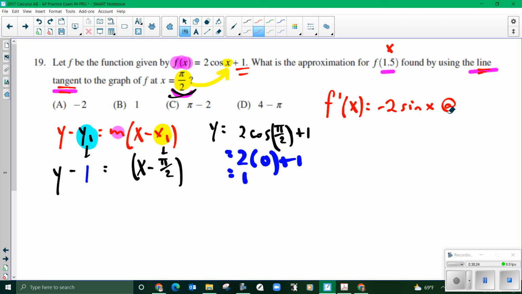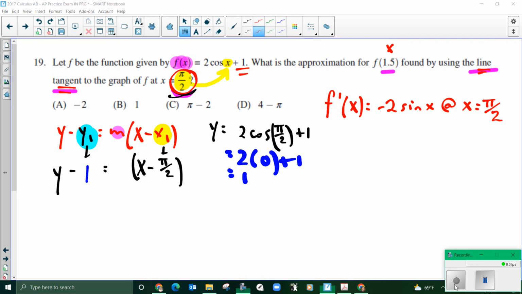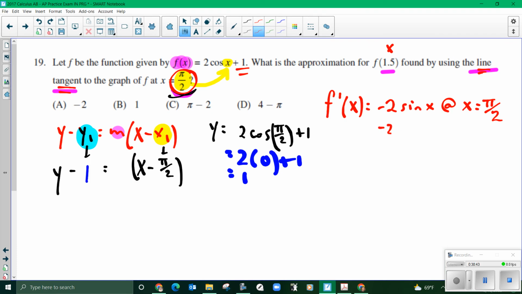I want this at the x value, pi over 2. So we got to plug in our pi over 2 and solve. I've got negative 2 sine of pi over 2. That's 90. Let's recall what sine looks like.